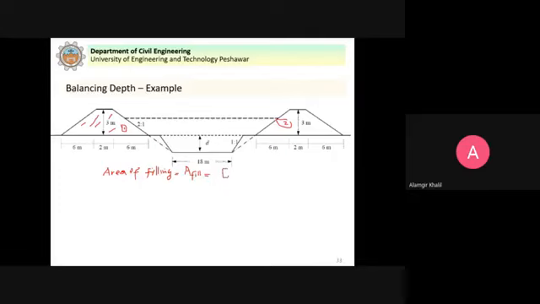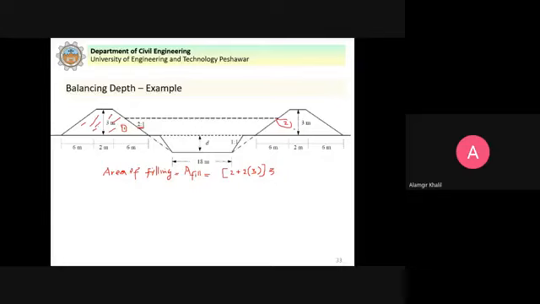So this will be equal to 2 plus, what is Z? Z is, you can see here, 2 ratio 1. So Z is 2, and then the depth is 3. So this is into 3, and this whole multiplied by the depth, which is 3. This is the area of this one trapezoid here.